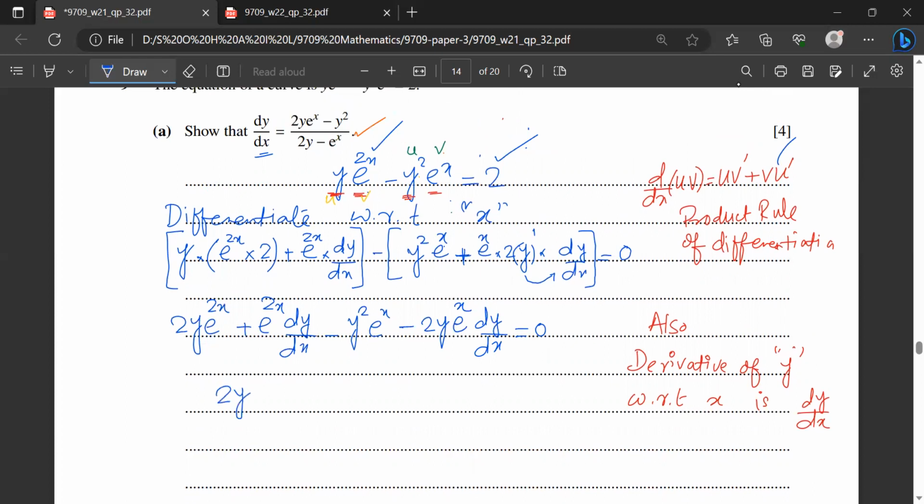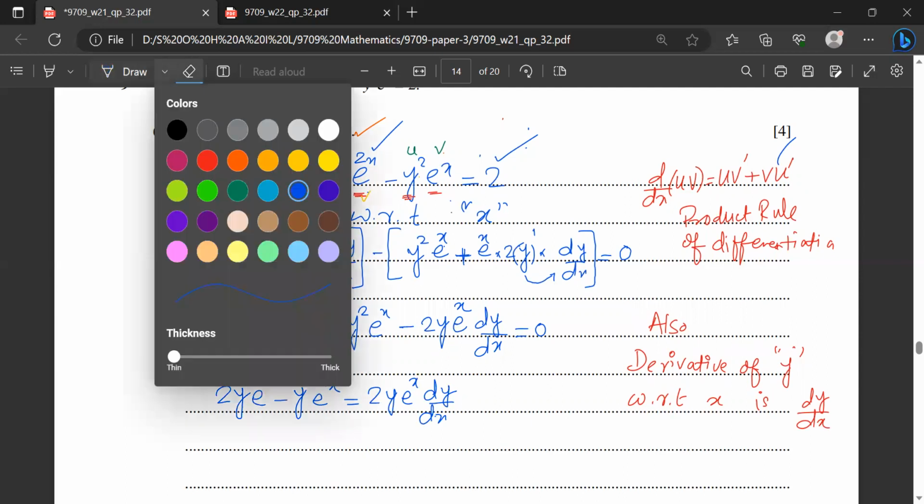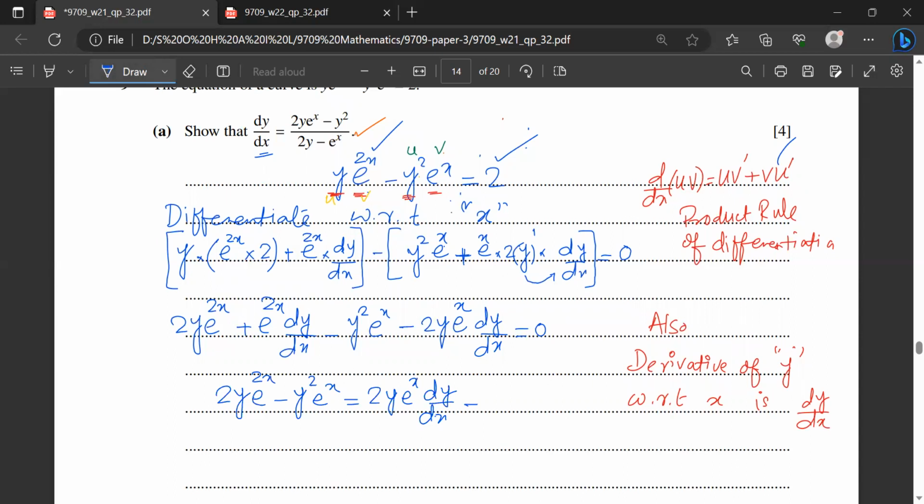2y e raised to the power 2x minus y square e raised to the power x is equal to 2y e to power x dy by dx minus, shift it to the right side, e to power 2x dy by dx.